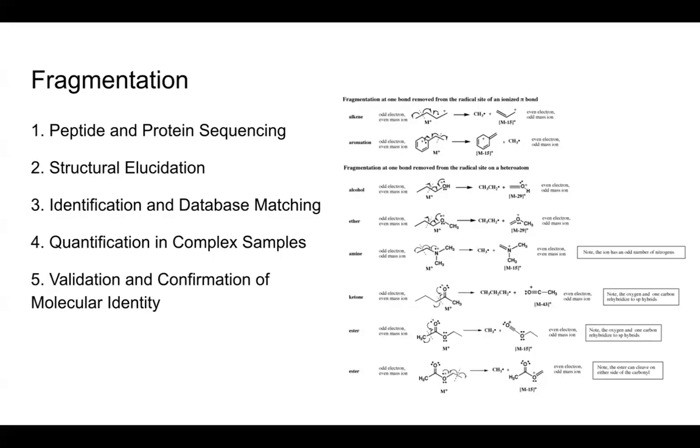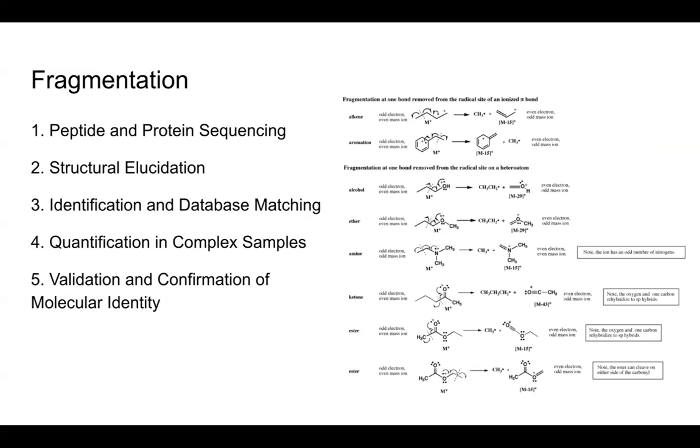And then fragmentation also allows the detection of post-translational modifications like phosphorylation or glycosylation. So modified amino acids would produce distinct fragment ions that can then be identified. And so this helps us understand more protein function and regulation.